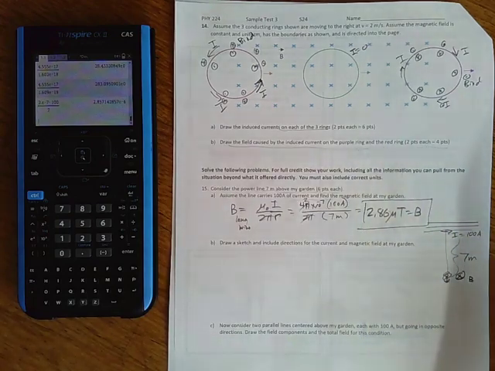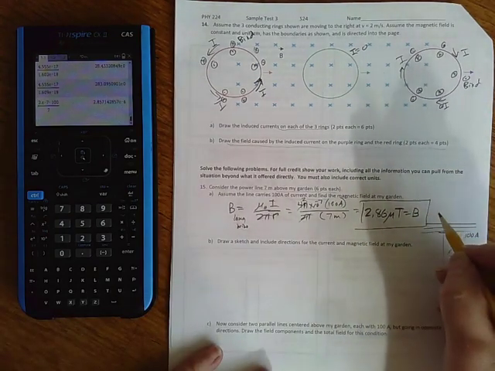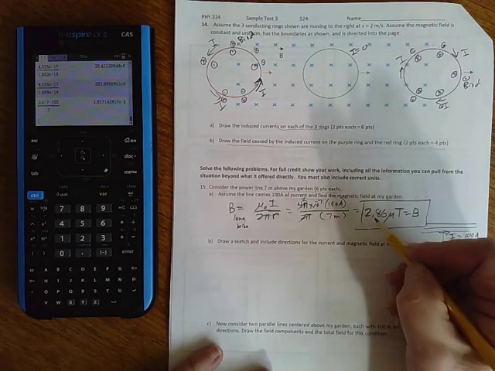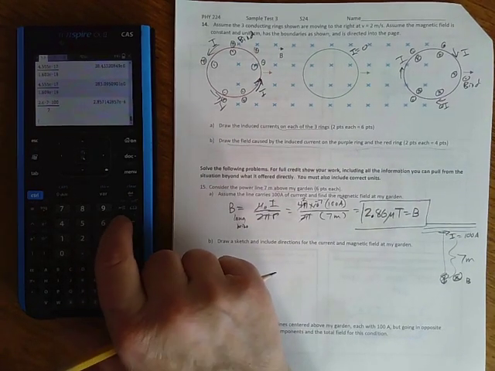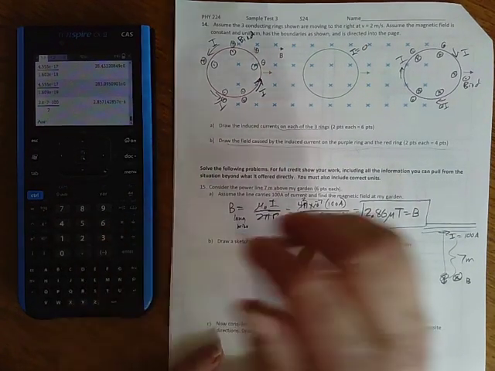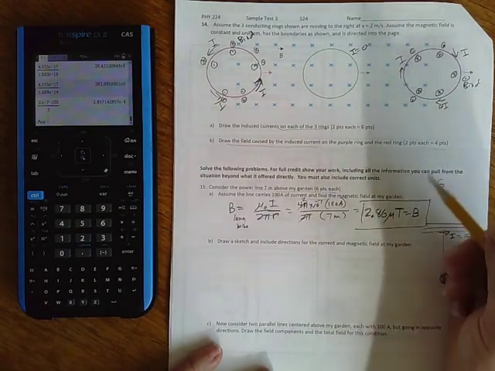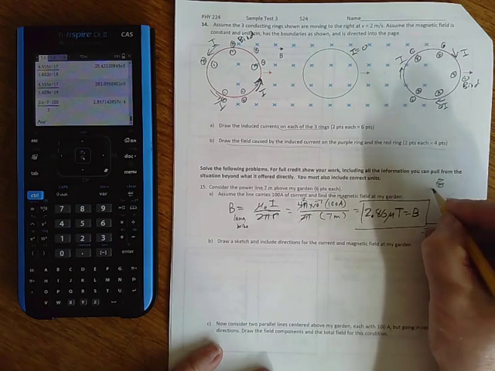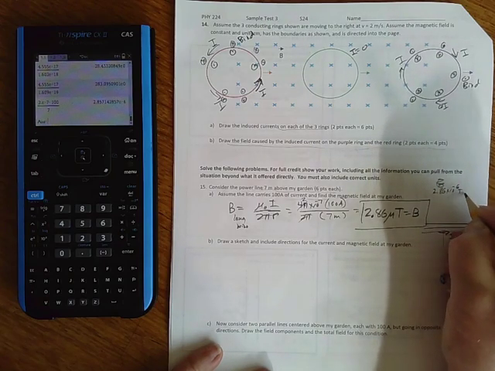All right, pretty small. Could ask, what is that in Gauss? One Gauss is 10 to the negative 4 Tesla. Let's just go ahead and write it out. 2.86 times 10 to the negative 6 Tesla, and we want Gauss.